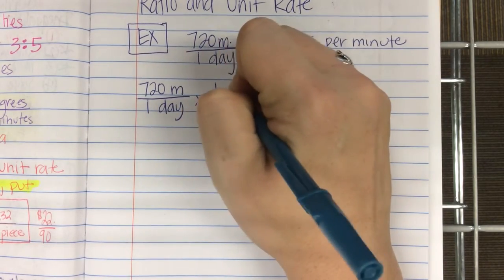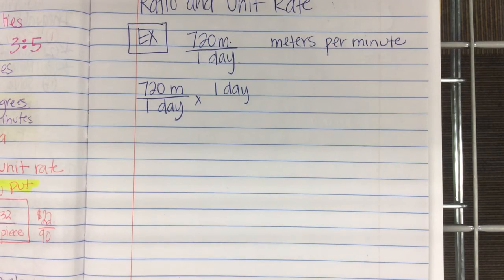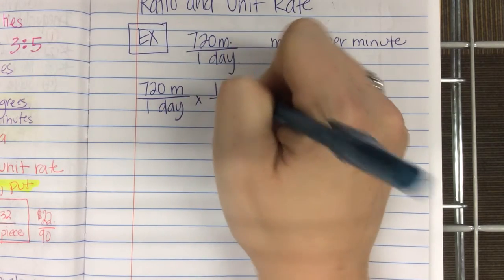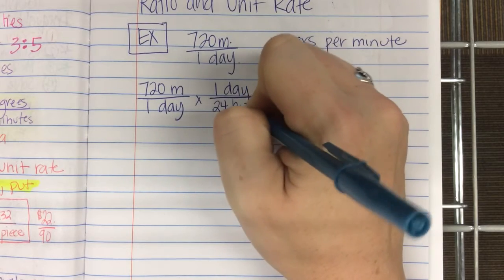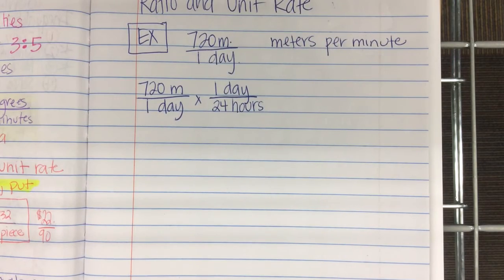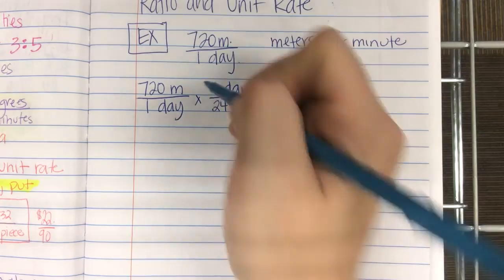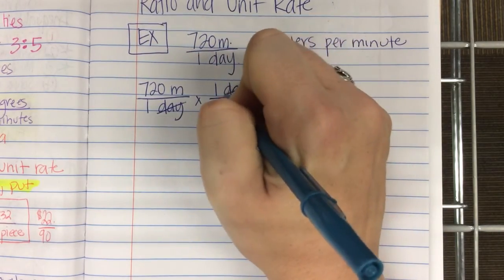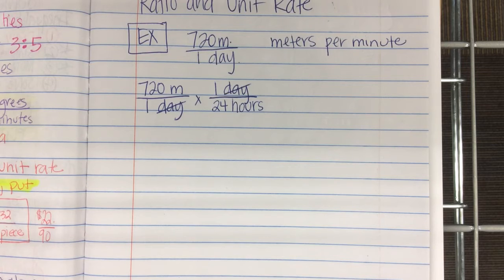I want my days opposite each other. I know that one day is 24 hours. And look, my days, because they're across from each other, cancel out.